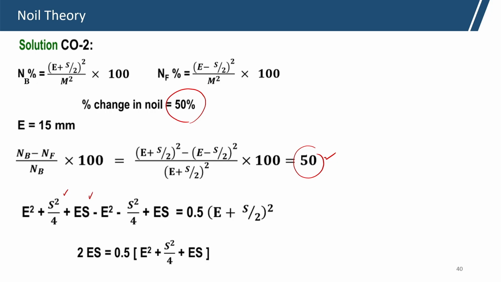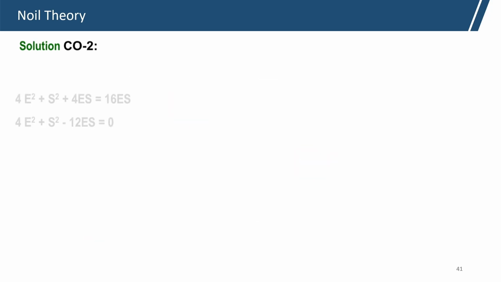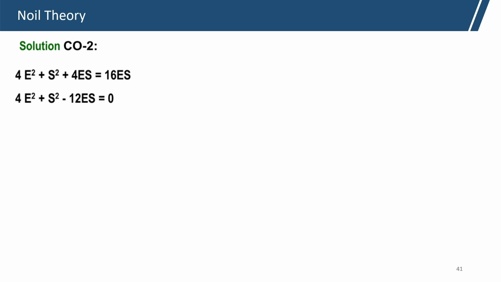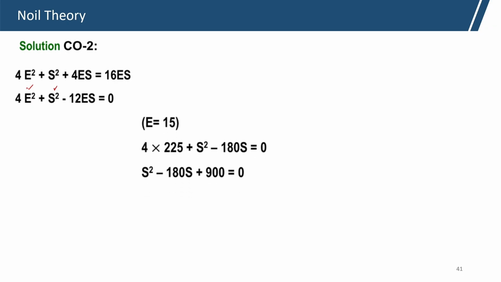So, 2 E S will be there. So, this is cancelled out, 2 E S equal to 0.5 E square plus S square by 4 plus E S. So, rearranging this equation, what we get, 4 E square plus S square minus 12 E S. So, from this equation, as we know, E value is given, 15.